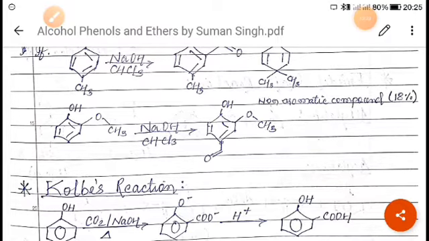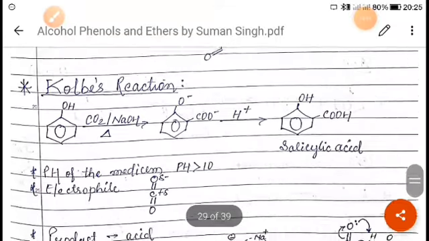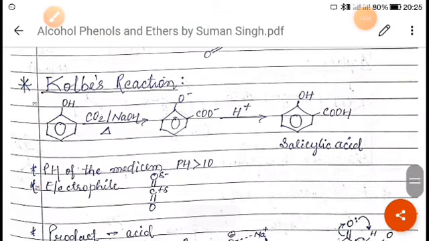Now next we will see Kolbe's reaction. This is also very important for your exam. When sodium phenoxide is heated with carbon dioxide at 400 Kelvin and under 4 to 7 atmospheric pressure, sodium salicylate is formed as a major product.